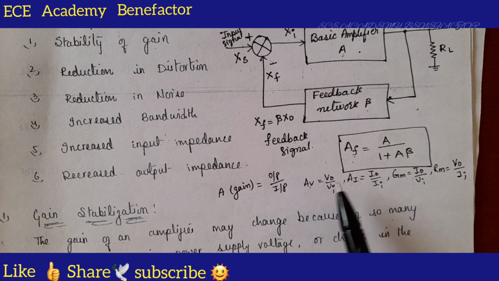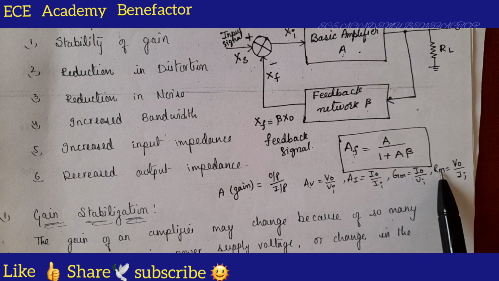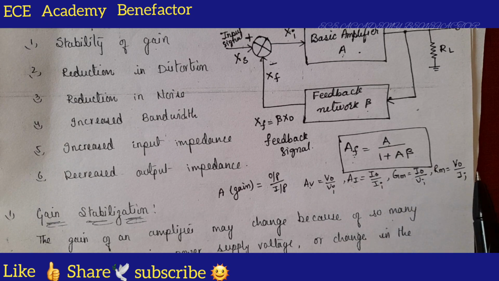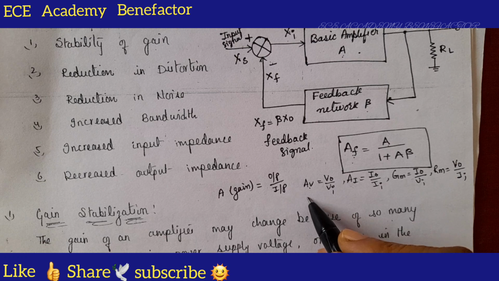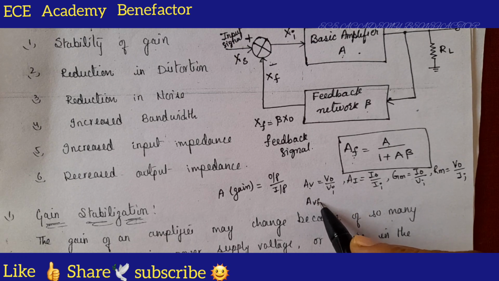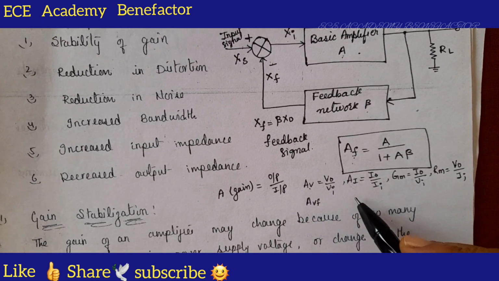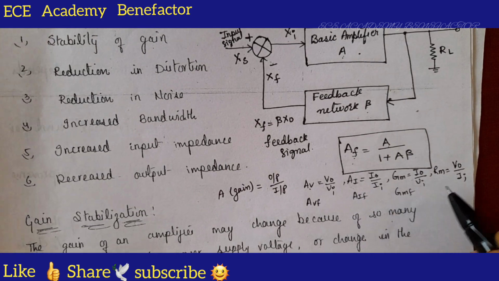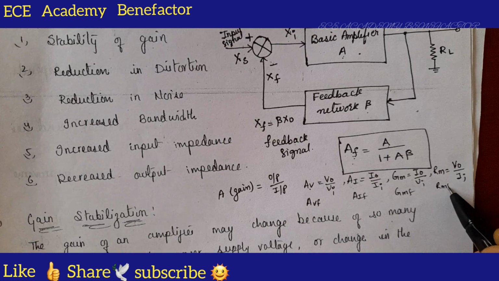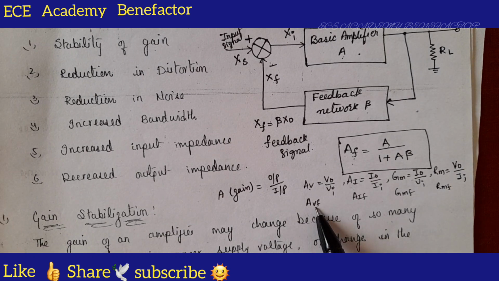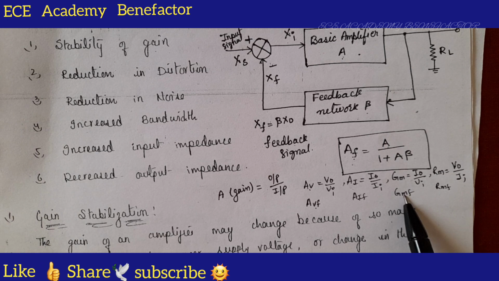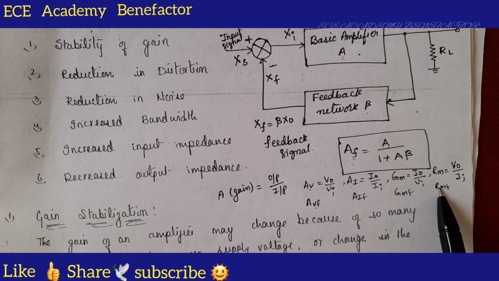So, AV, AI, GM, RM, these are gains of basic amplifier without feedback. Now, if you take gain with feedback, they will be written as AVF, AIF, GMF and RMF. Voltage gain with feedback, current gain with feedback, transconductance with feedback and trans resistance with feedback.